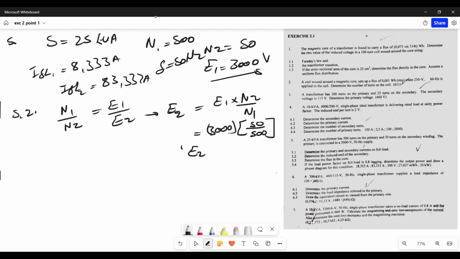So E2 is equal to 300 volts. This is E2.